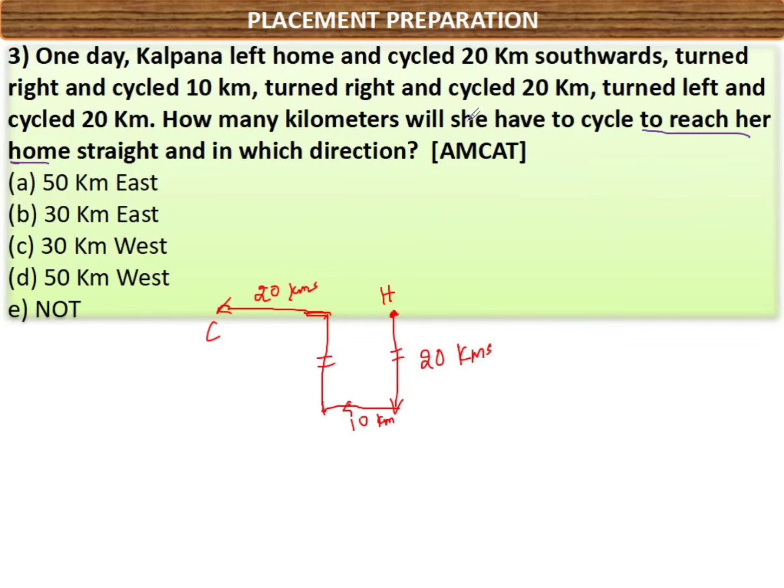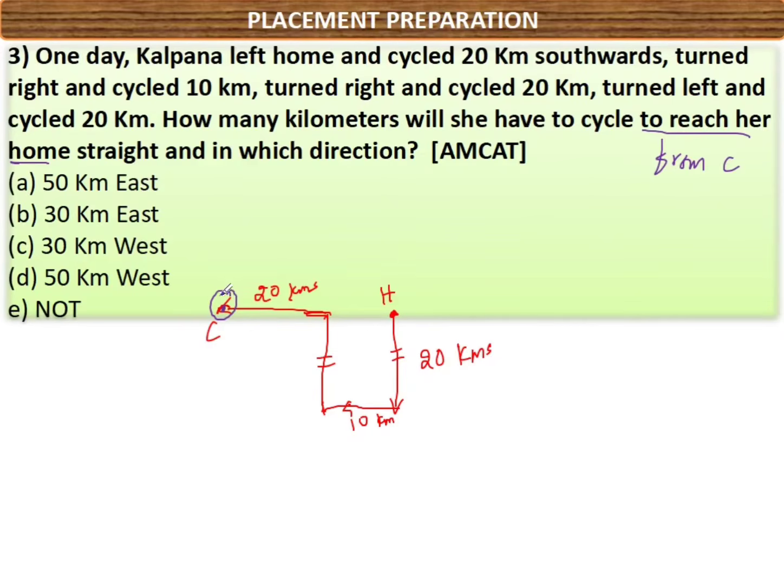Now please understand, she has to reach her home means she has to go back to her home from where? From her current position, from C. As I told you, from where we are seeing, that will act as origin.